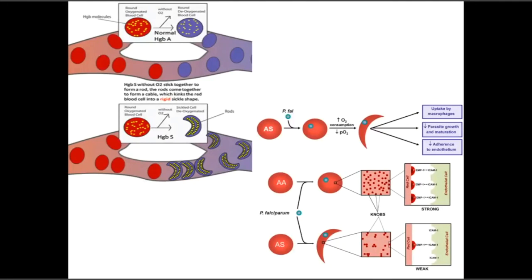This weak bonding affinity allows it to be more easily taken up by the macrophages free floating within your blood. As a result, the individual is able to maintain normal bodily functions due to the normal hemoglobin, while decreasing the malarial infection due to the sickled hemoglobin being eliminated faster by the body.